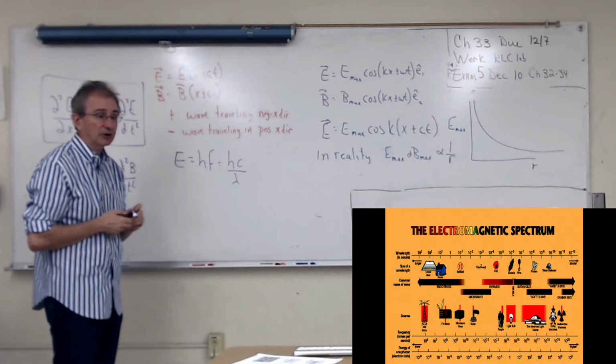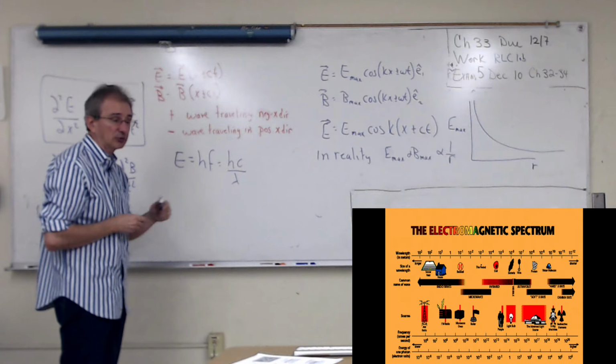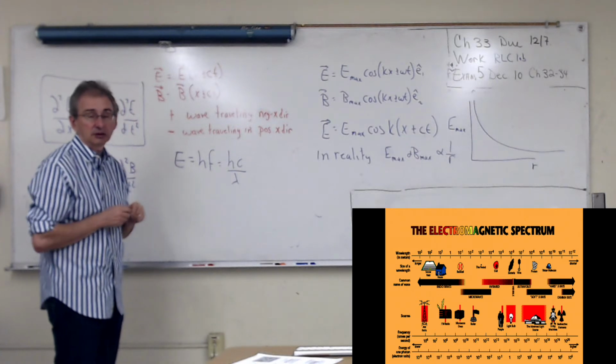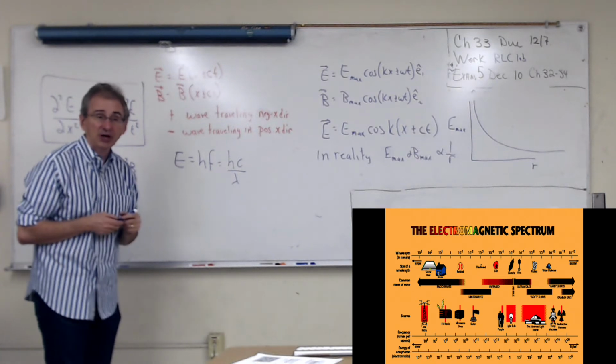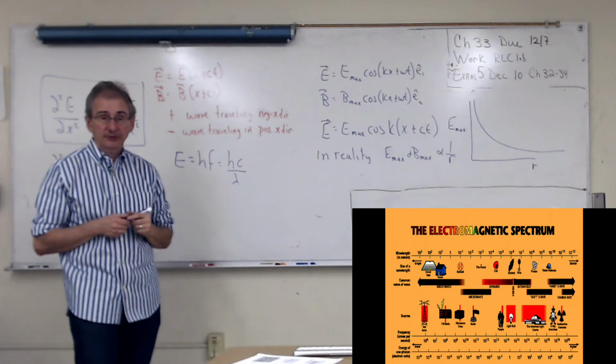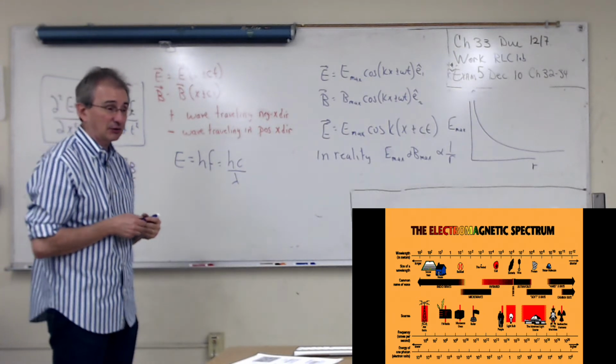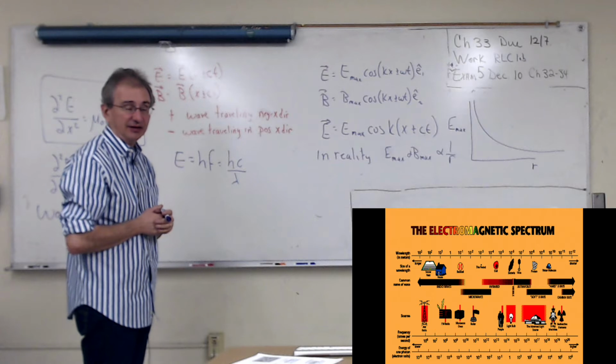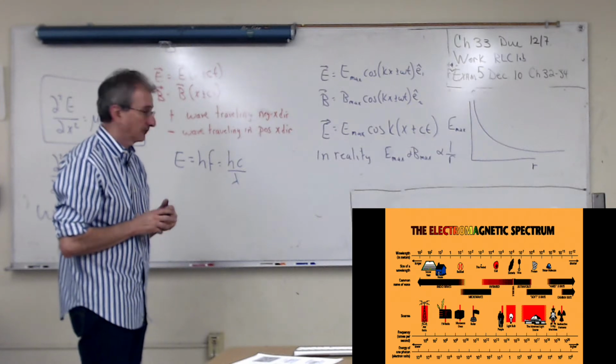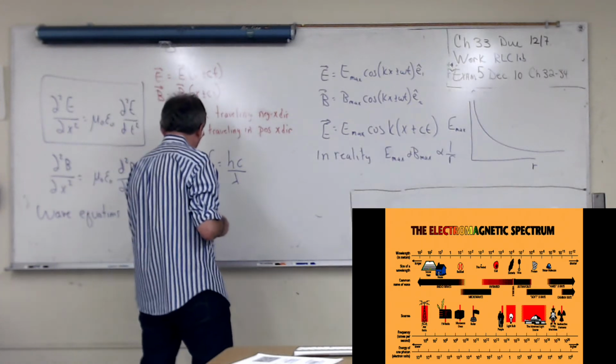And the total energy of the field is made up of all the energy of all the photons in that field. These photons travel at the speed of light. They're the quanta, the particle that represents light. It's massless.